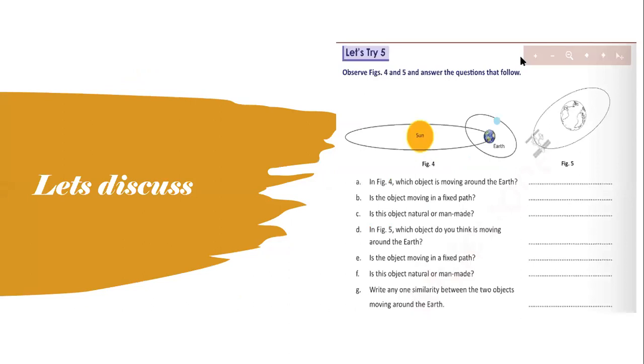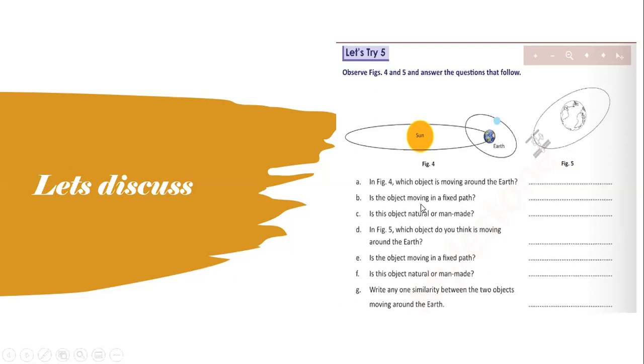So let's discuss some of the things. Observe figure 4 and 5 and answer the following questions. So children, which object is moving around the earth? What is the object that is moving around the earth?